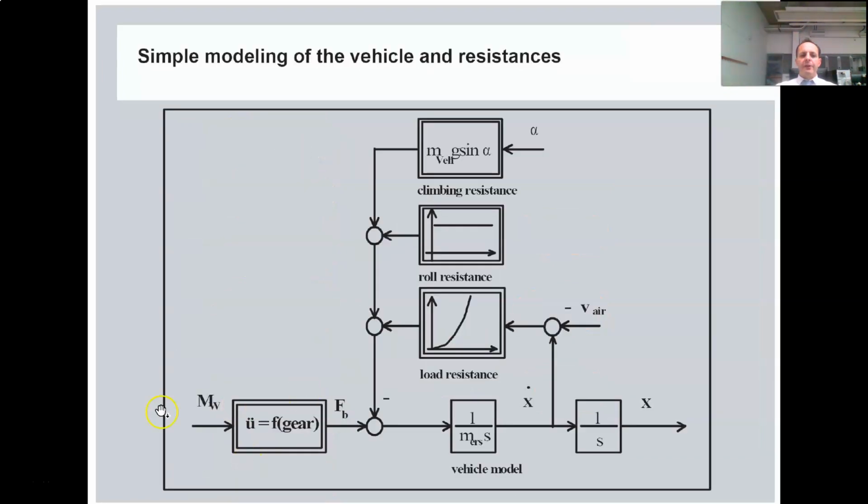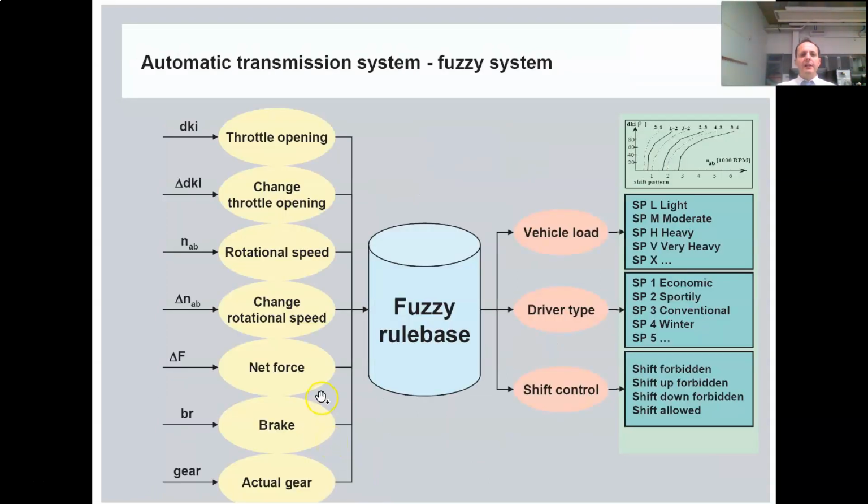It can be intended also as the power generated by your engine, and you have the change of the throttle opening, the rotational speed of your engine, and the change of the rotational speed, because if you remember, a fuzzy PID controller depends on the values of the variables and their derivatives.